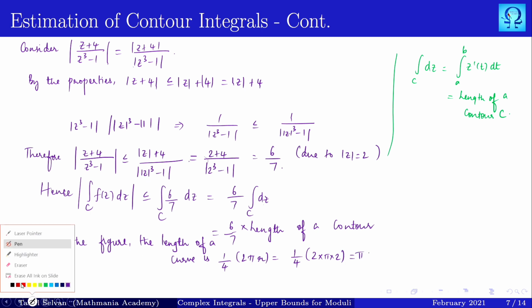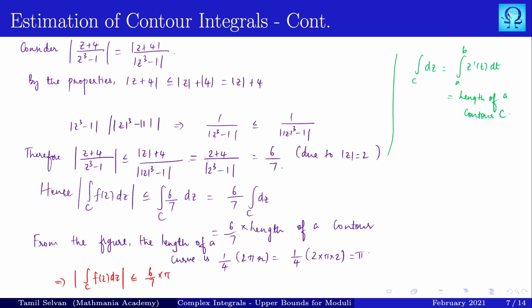So the absolute value of the integral over C of f(z) dz is smaller than or equal to 6/7 times pi, which is 6 pi/7, and this is what we are asked to prove.